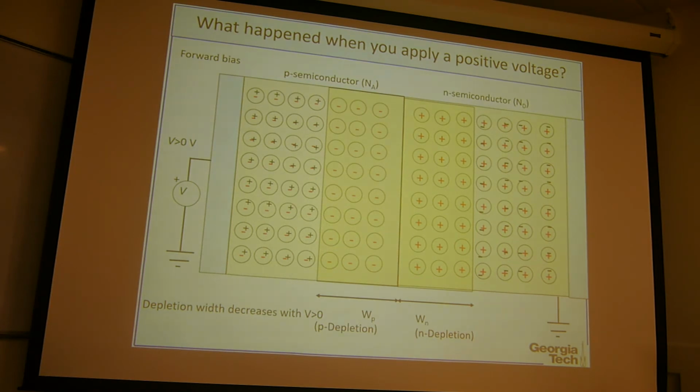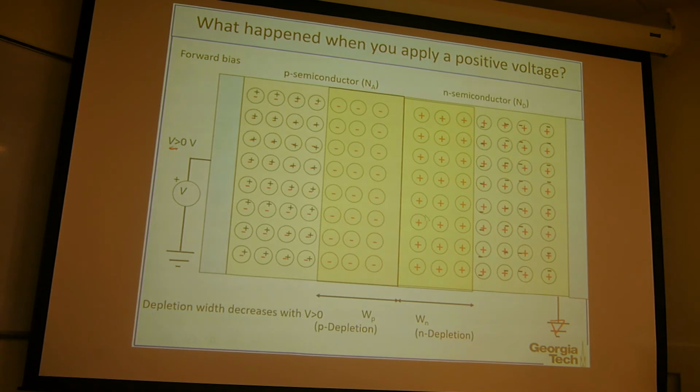So then we will look at what happens when you apply a positive voltage. So far, we only talked about the equilibrium state. Now, we are going to apply a positive voltage. Again, to keep the analysis consistent, we assume the n-type is ground. And we apply voltage to the p-type. So this is a positive voltage to the p-type.